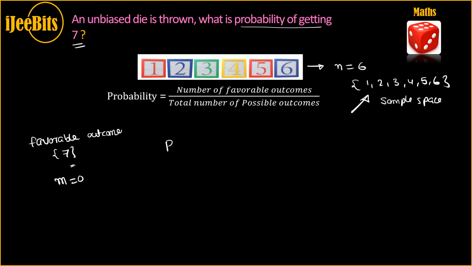So the probability for 7 has 0 outcomes over a sample space n equal to 6, and hence it is 0. This is called an impossible case, because 7 does not exist within your possible events.